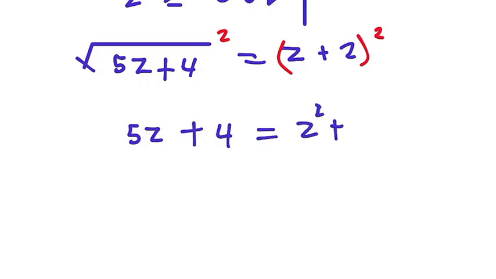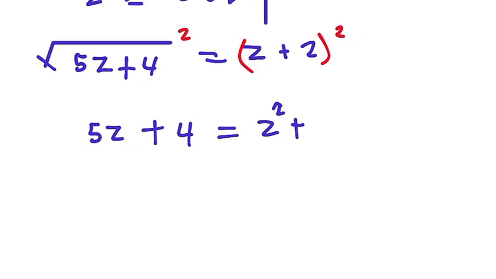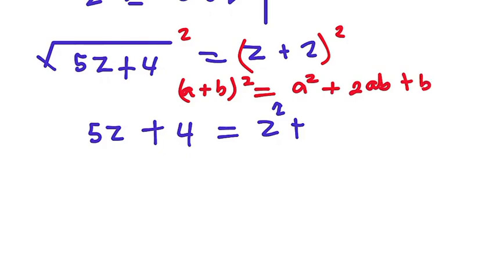Because this is a perfect square, you remember that when you have a plus b all squared, this is going to be a squared plus 2ab plus b squared.